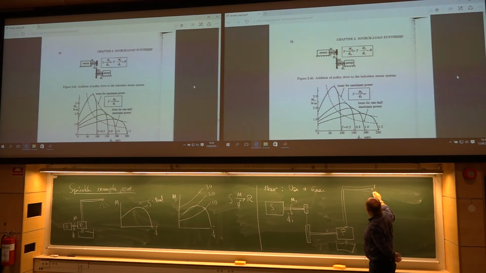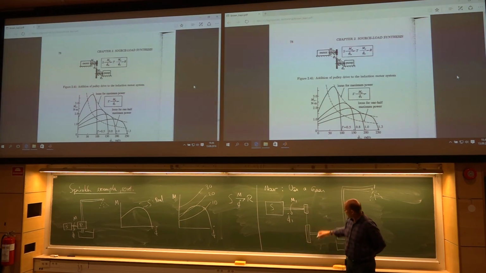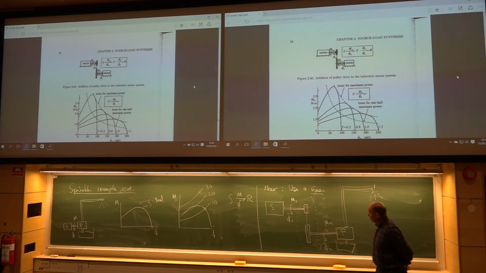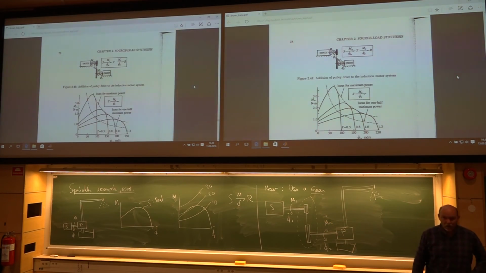So the only change in the figure is this gear. Gear, that's this part. And here I will now have a different rotating speed, phi dot number 2, and a different torque, M number 2. And what's the coupling here?